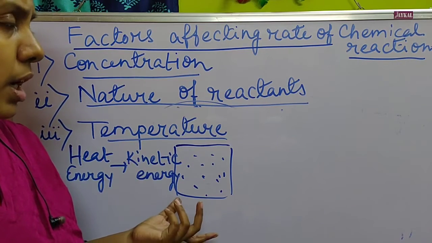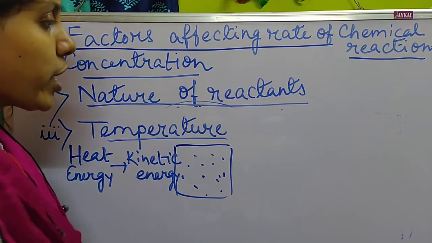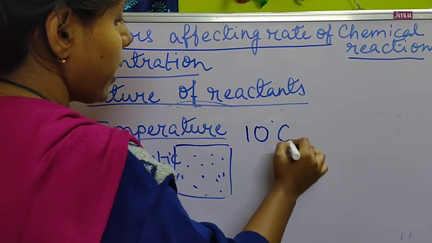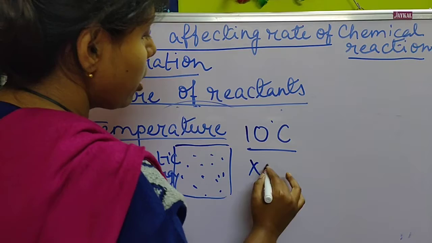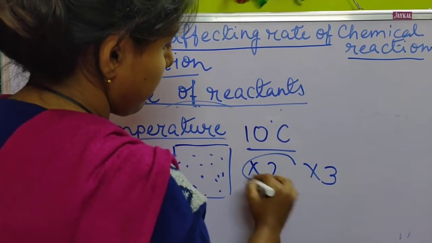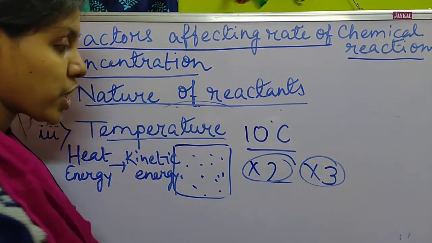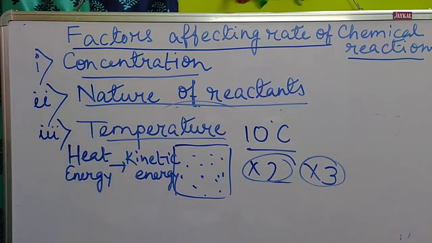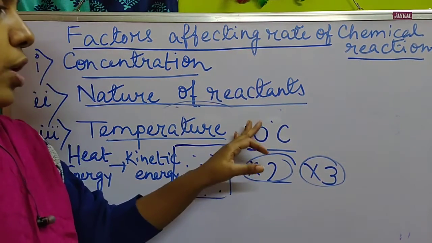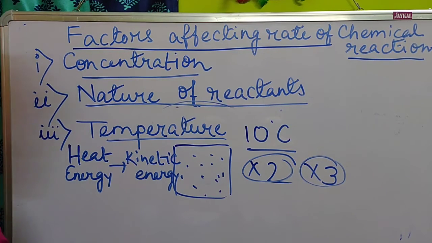It has been seen that for an increase of 10 degrees Celsius in temperature, the rate of the reaction becomes double or triple the initial rate. In many reactions it has been observed.